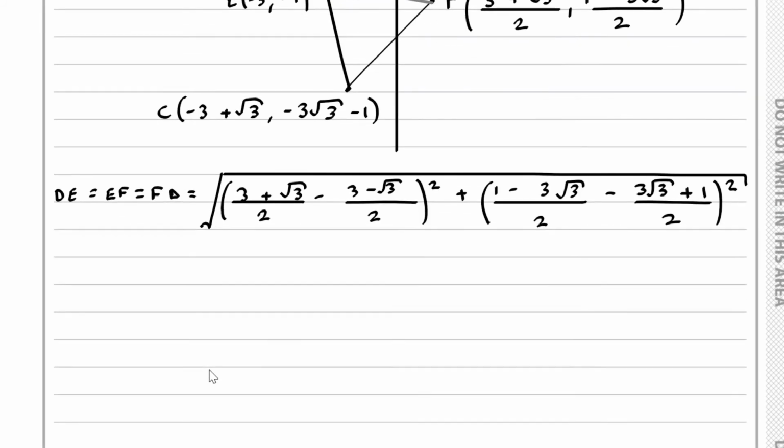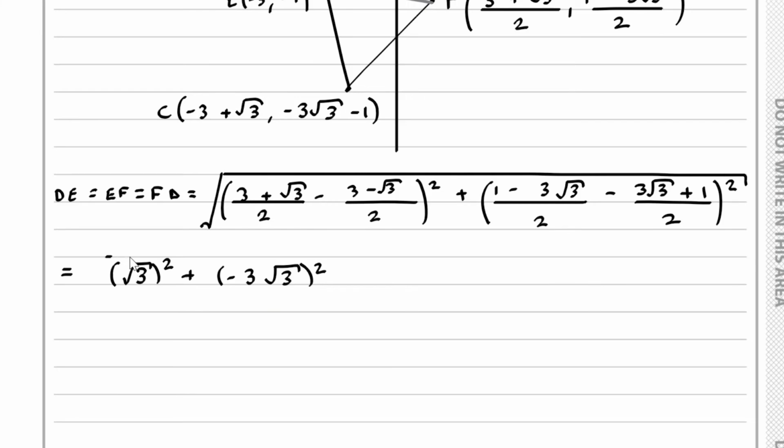So if we work this out, on the top we end up with root 3, so we have root 3 squared. And then here we have minus 3 root 3, so plus minus 3 root 3 squared.